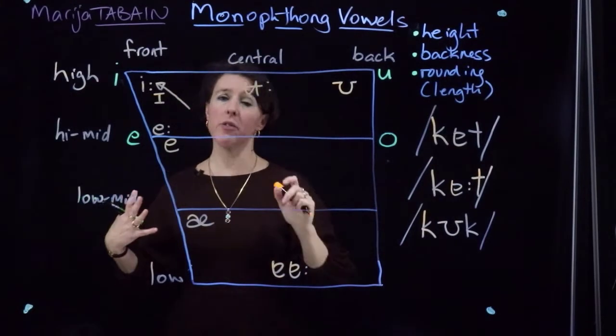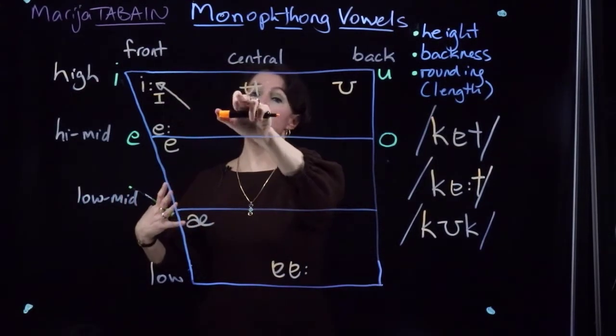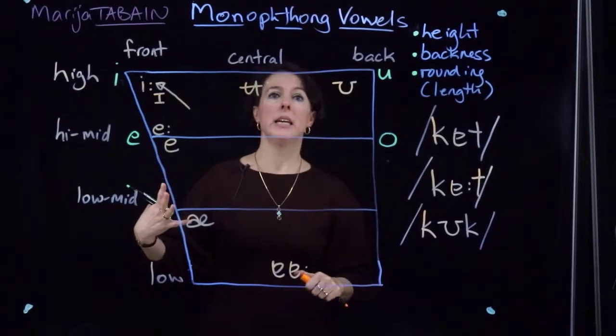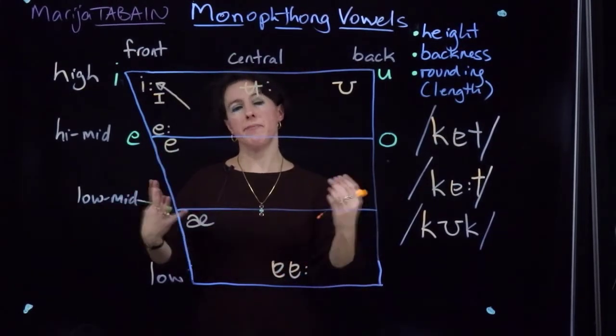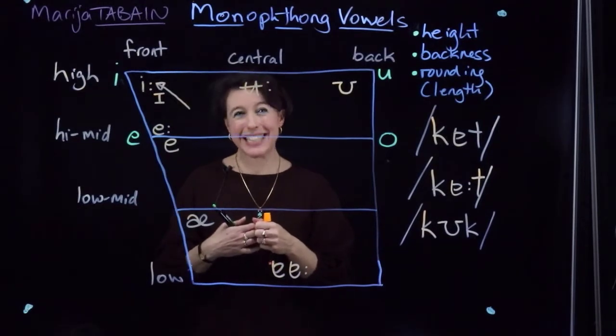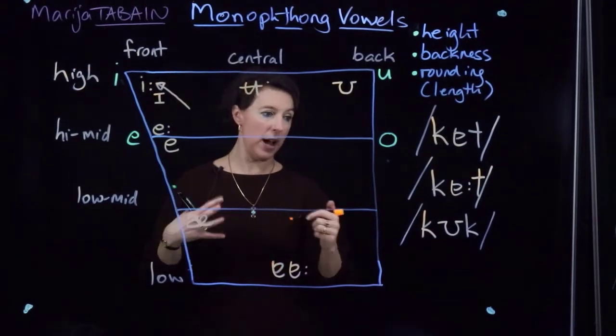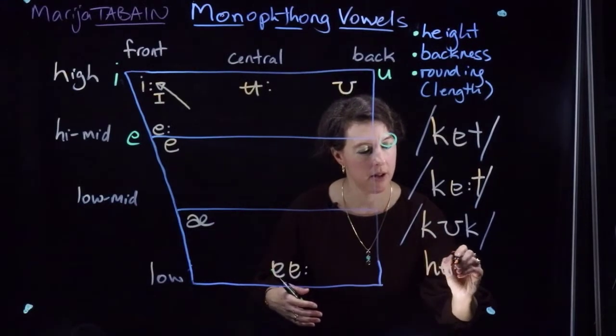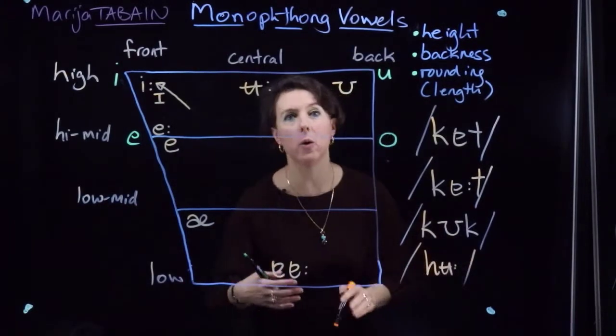It's a rounded central vowel, and it's just a U with a line through it and then 2 dots to show length, okay? So you can get a sense that your U vowel, I better write the word "who", as in who is your friend, or who are you.